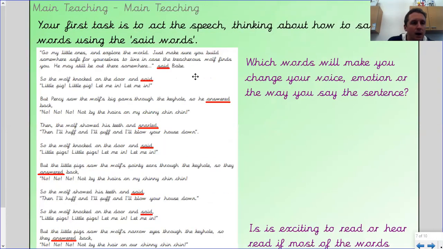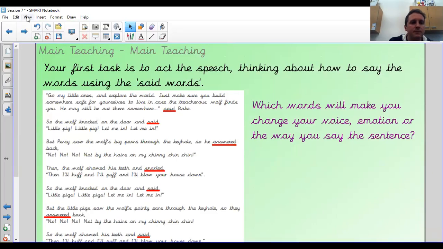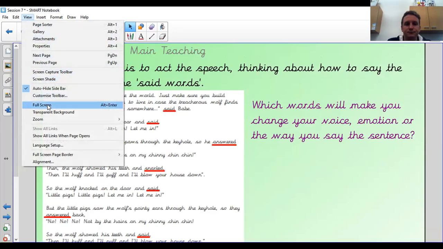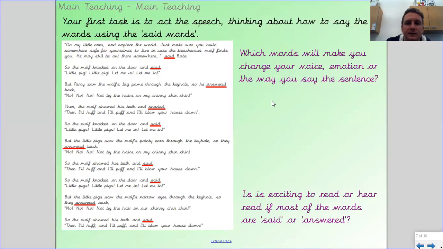So here we go. I have underlined the words. There we go. I have underlined all of the words that mean the same as said.